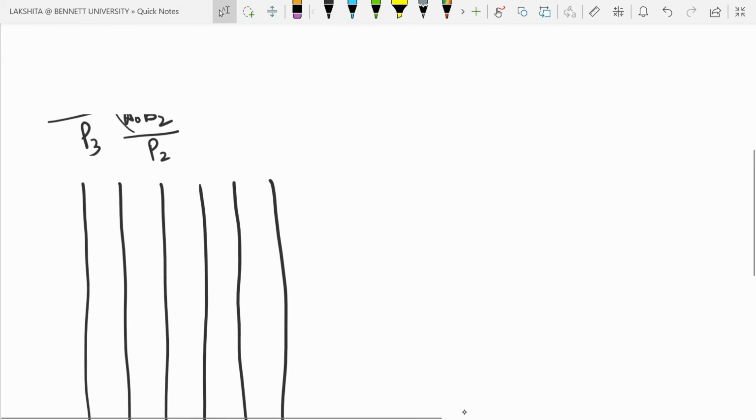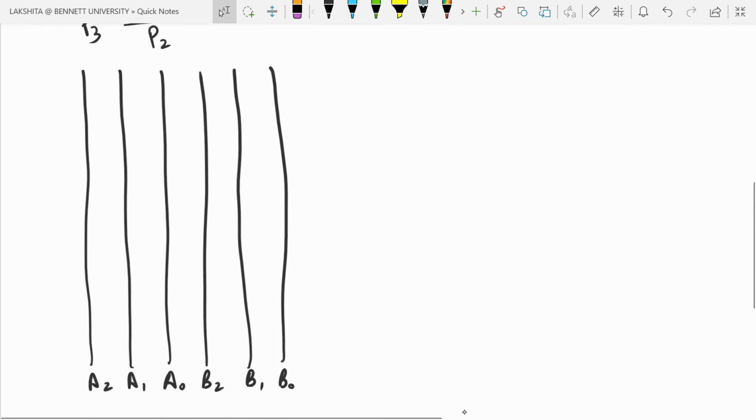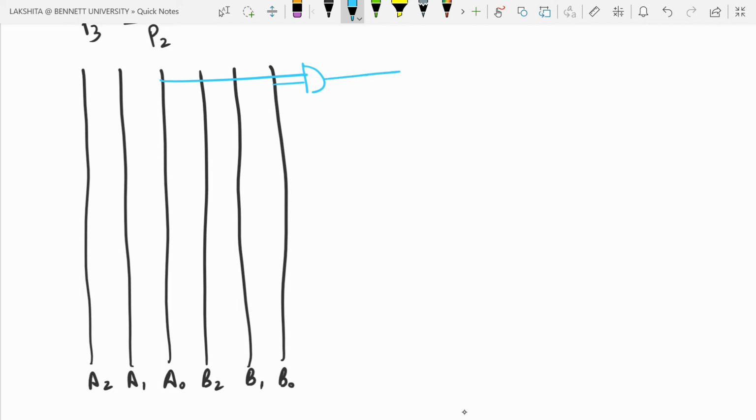We'll first draw P0. P0 was A0 B0. This is our P0.